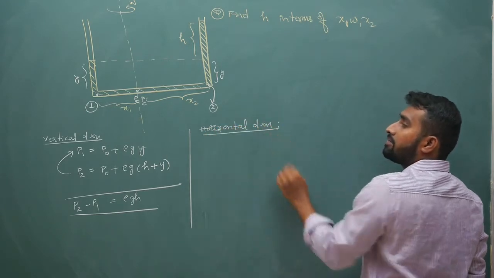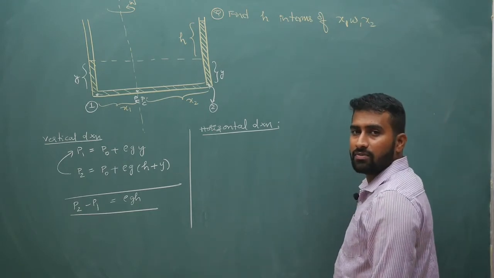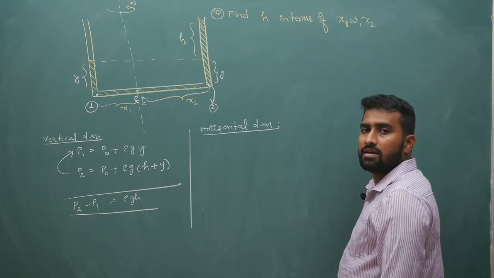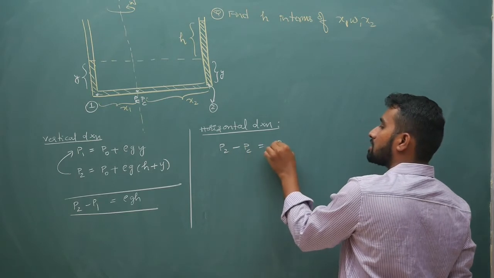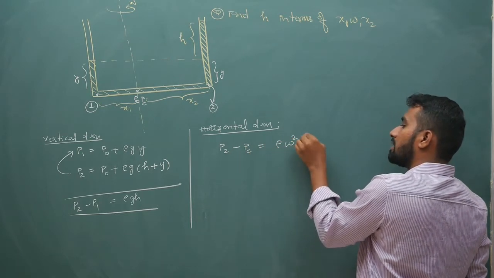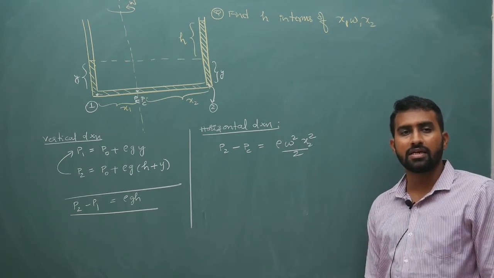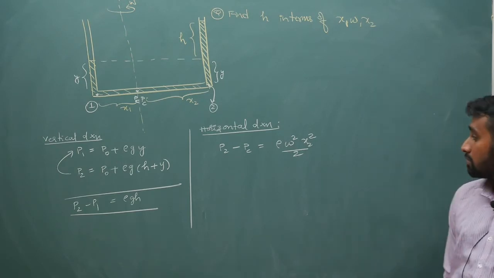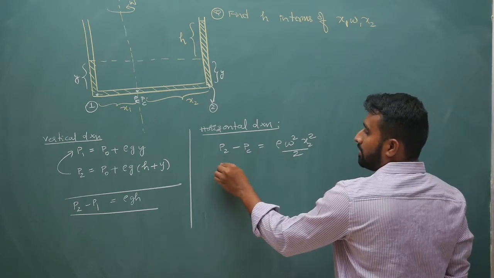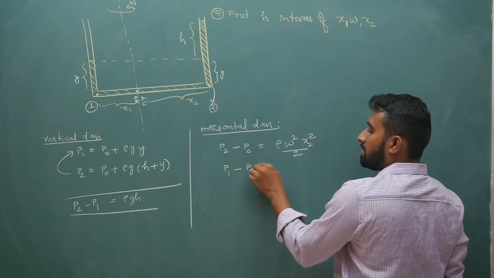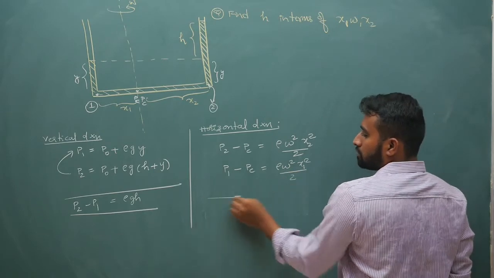In the horizontal direction, I have told you very clearly that as you keep going farther from the axis, your pressure will be more. So P2 minus PC is rho omega square x2 square by 2. For a rotating fluid, we have just seen it is rho omega square L square by 2, so according to that it is rho omega square x2 square by 2. Similarly P1 minus PC is rho omega square x1 square by 2.